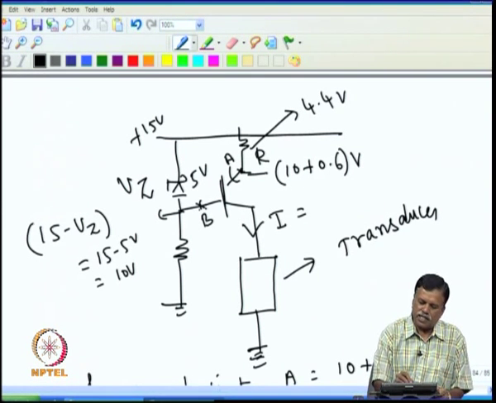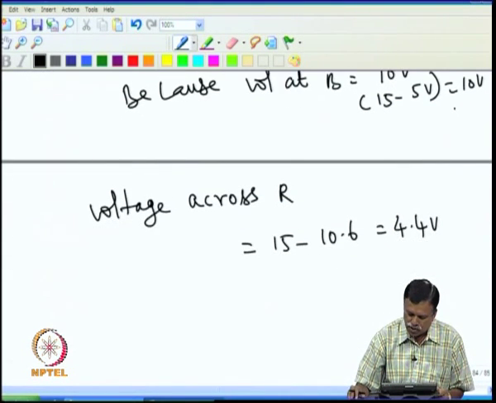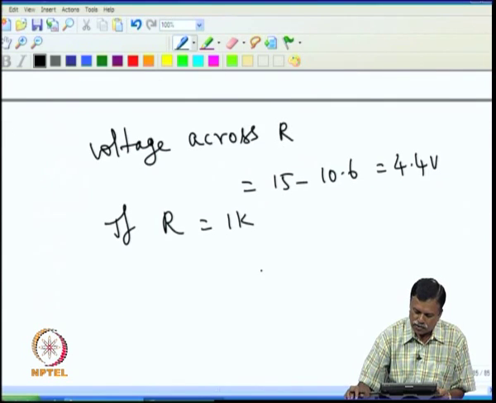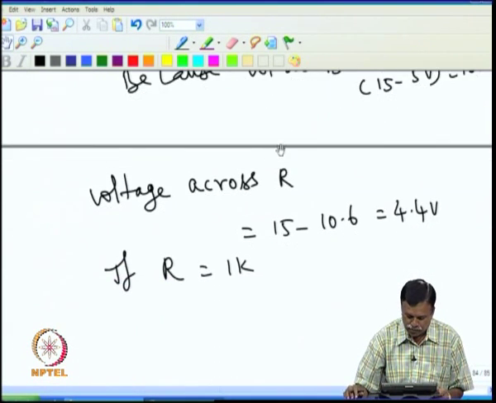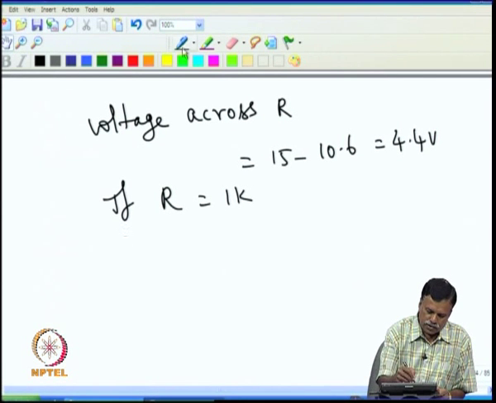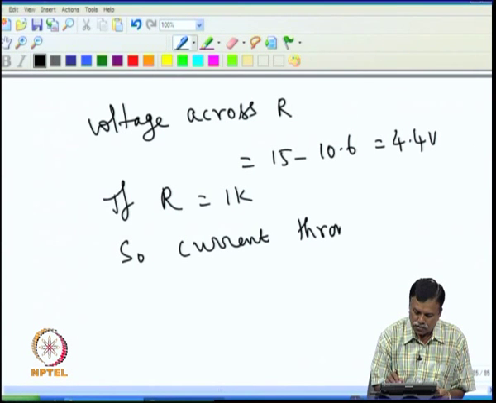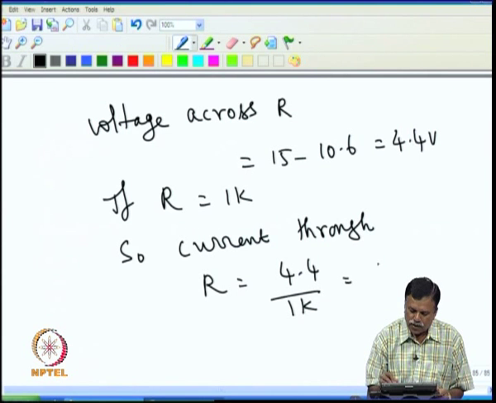We know that the base current is negligible, then the voltage across this is known, and if I know the resistance value, then I know the current flowing through it. Assuming R is 1 K, the current through R would be 4.4 volt divided by 1 K, that is 4.4 milliamps.